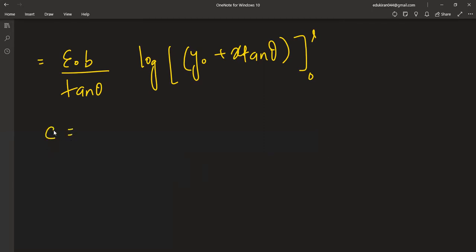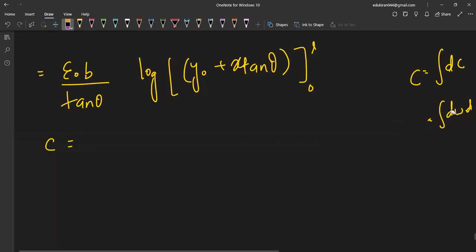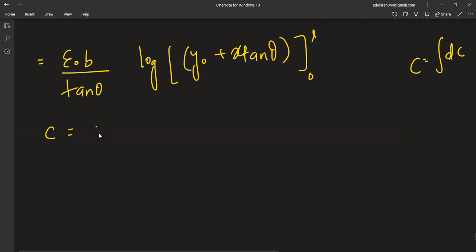This was the integral from 0 to C. Whenever you have the integral of dC, or the integral of dW, that becomes C only, or work done only. There are many questions where you encounter such cases. Now, what are we left with?